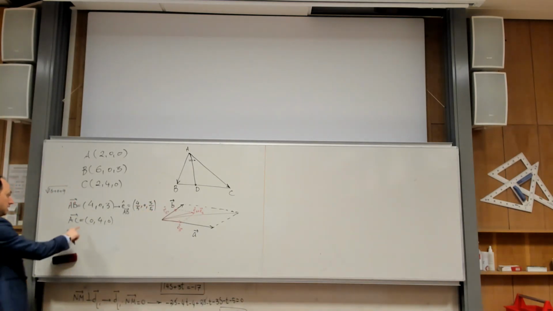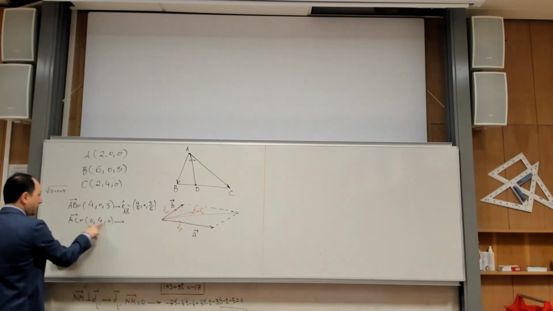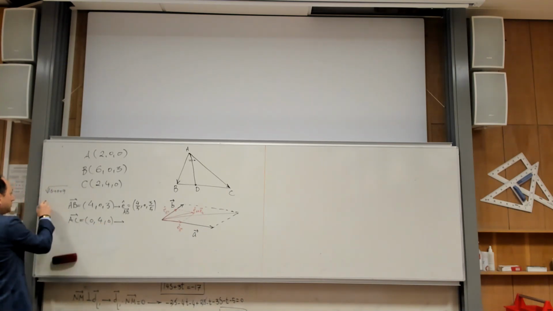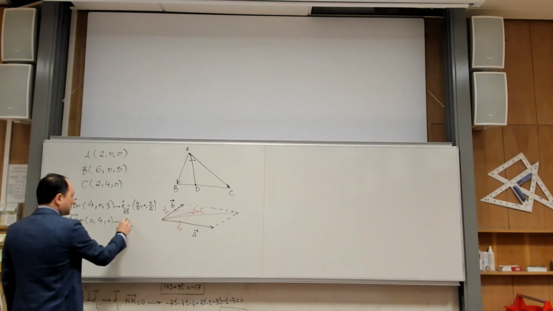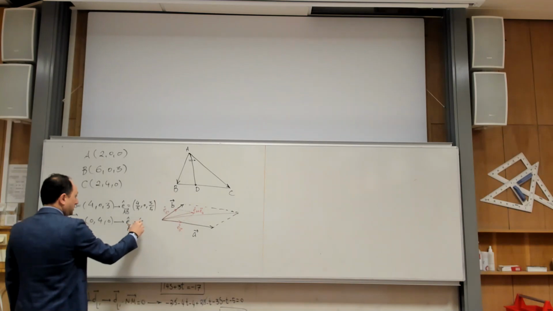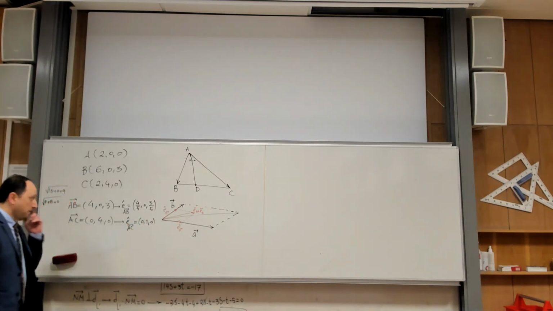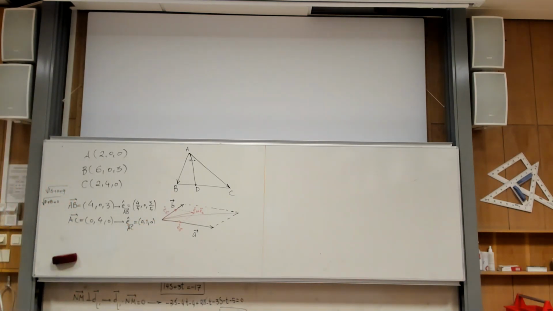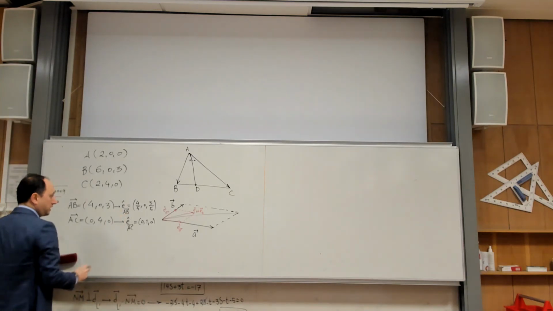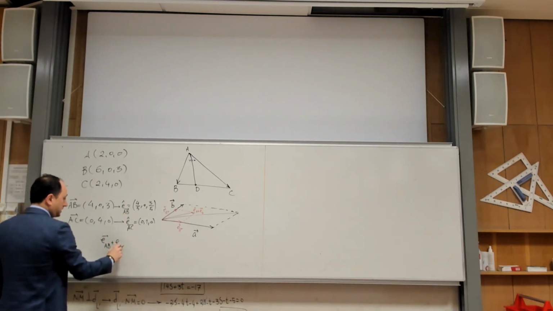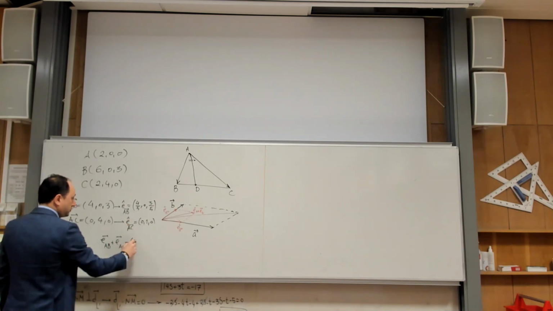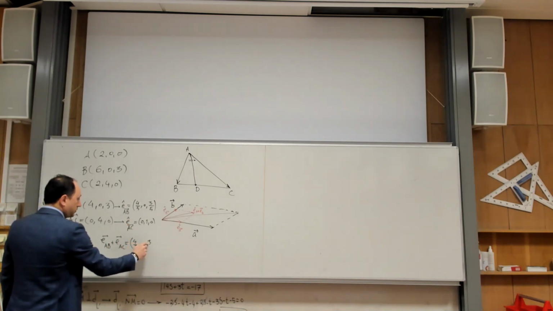And then I divide this by its length, but the length of this is the square root of 0 plus 16 plus 0, which is 4, so I divide everything by 4. It becomes (0, 1, 0). Yes? And then I need to add these two vectors, eAB plus eAC. If I add them, it becomes (4/5, 1, 3/5).